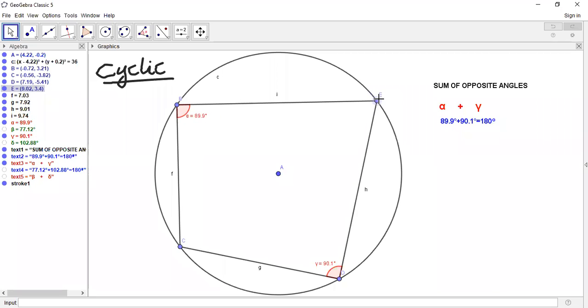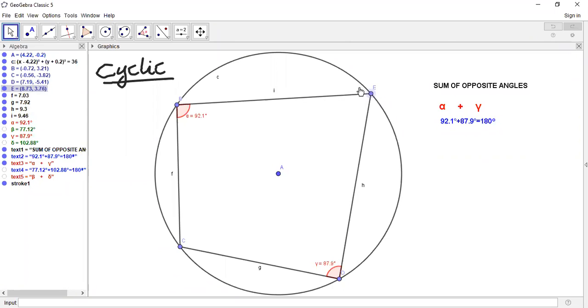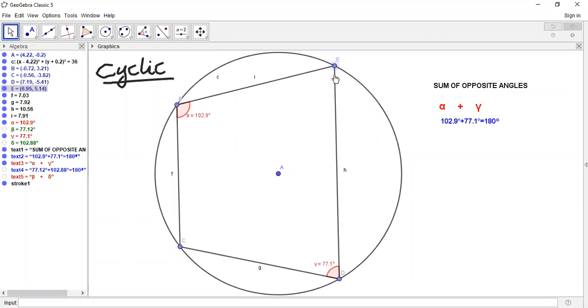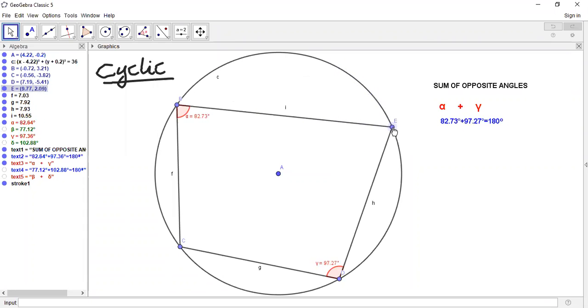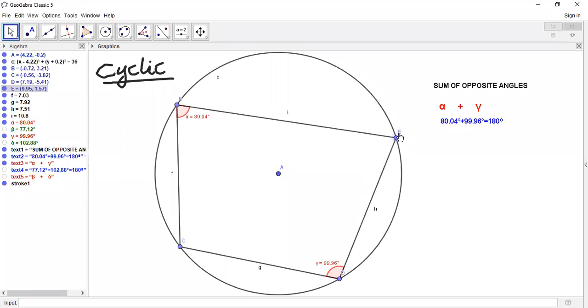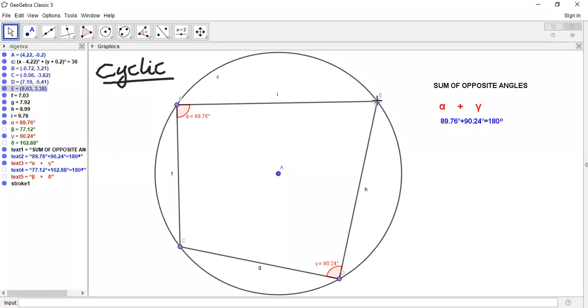But what is the property? Even when the opposite angles are changing, total is always 180 degree. Now I made it both as 90 plus 90, but in any way you change, total is always 180 degree. That is what Sridhar said initially.